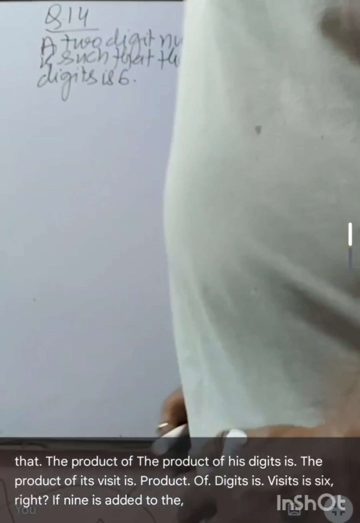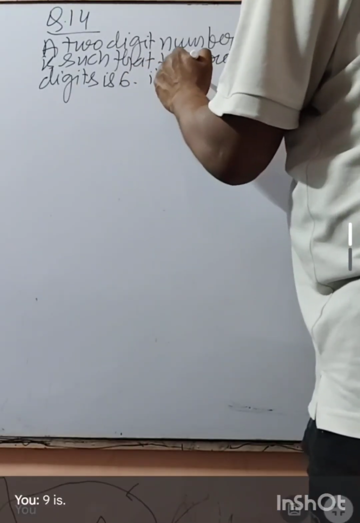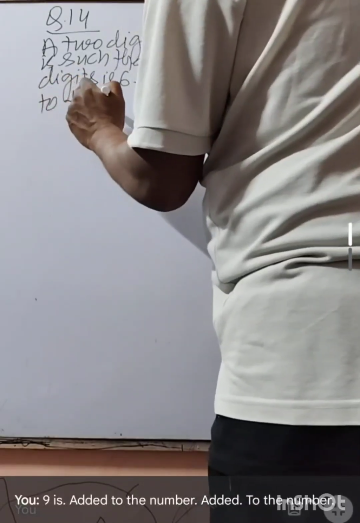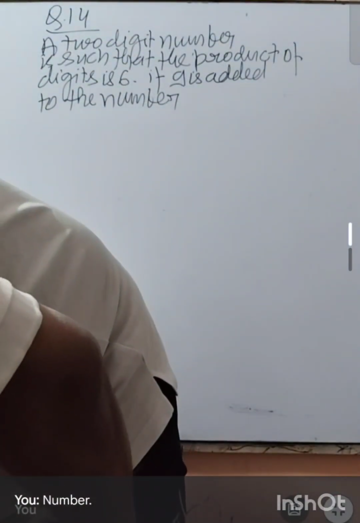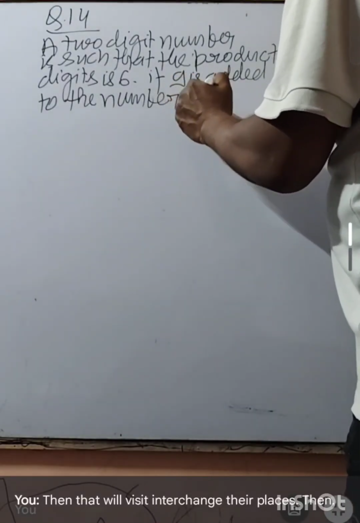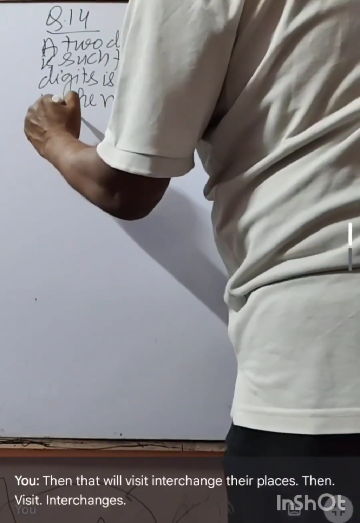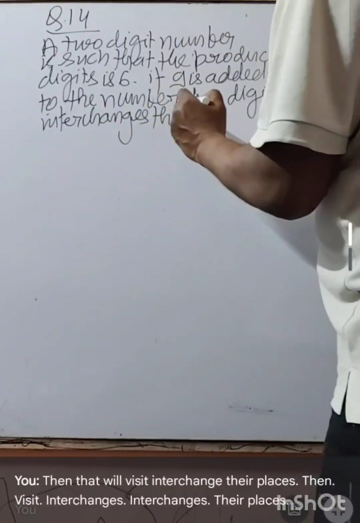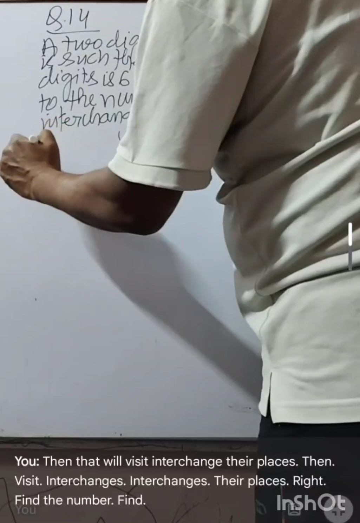If 9 is added to the number, then the digits interchange their places. Find the number.